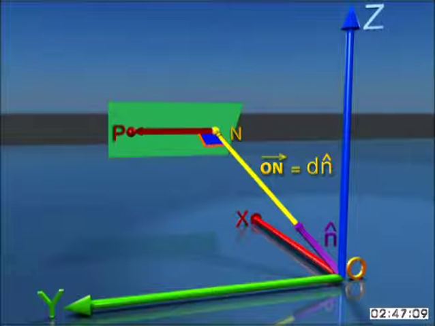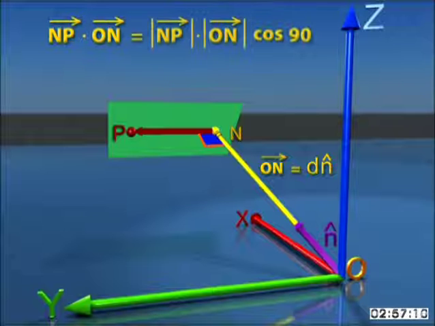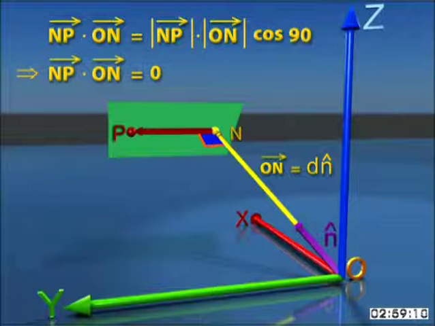Here vector ON is equal to d into unit vector n cap and vector NP is perpendicular to vector ON. Therefore, scalar product of vector NP and vector ON is equal to 0.